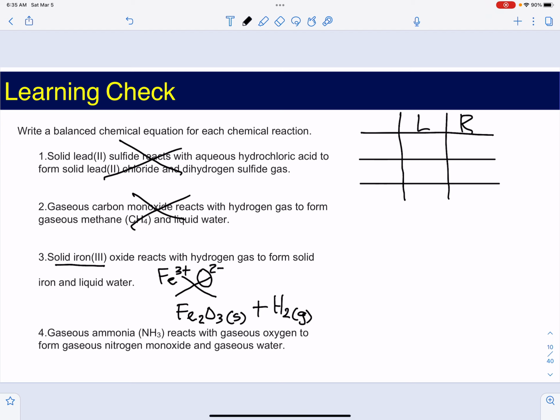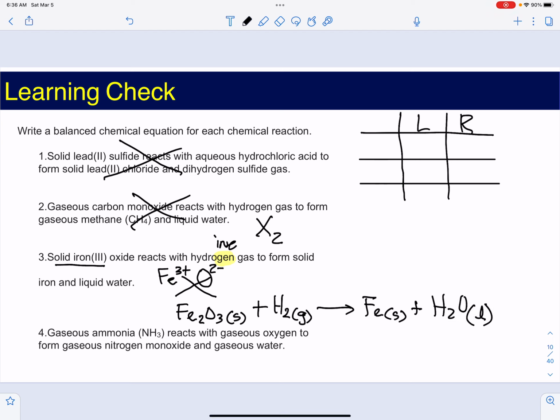By the way, I never realized this until I was reviewing the book yesterday: any element that ends in -gen or -ine is a diatomic element when it's by itself. So to produce solid iron, just iron, but solid, plus liquid water.